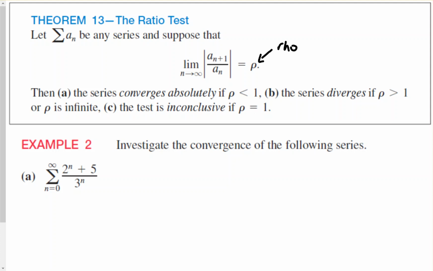Okay, so let's take a look at whether or not this series converges or diverges. So what we will do then, we will take the limit as n approaches infinity of the absolute value of a_(n+1) over a_n.